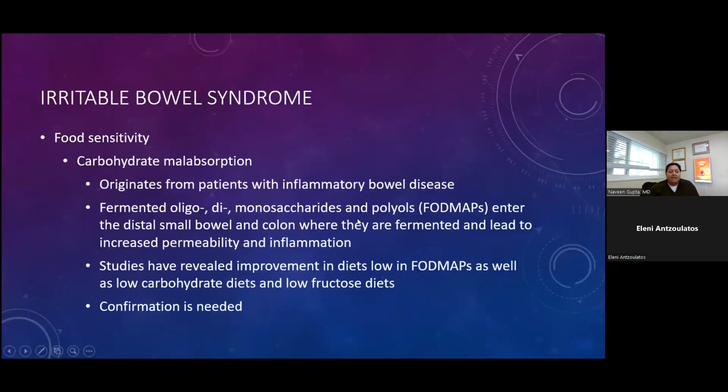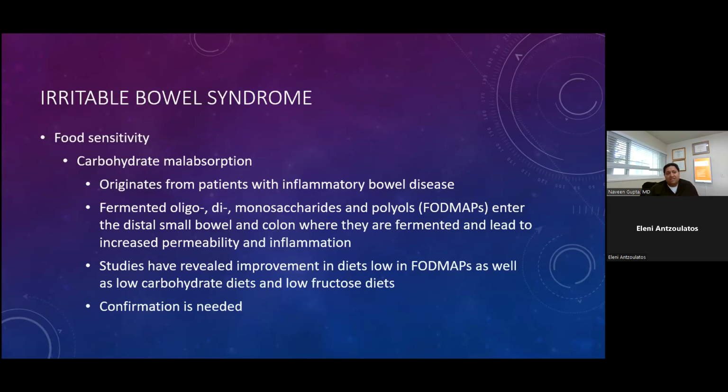If you do that, will you improve their symptoms? And the answer is probably yes. Most patients who can really strictly adhere to what's called a low FODMAP diet will have symptom improvement. In those that don't, you usually will take it a step further to a low carbohydrate diet, where you go to less than 20 grams of carbohydrate in a given day, or you can try a low fructose diet.